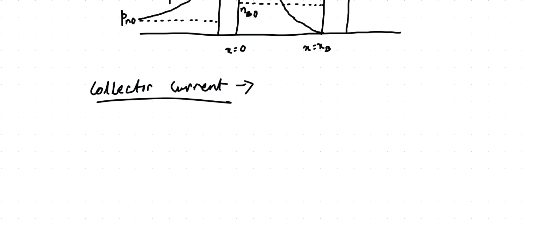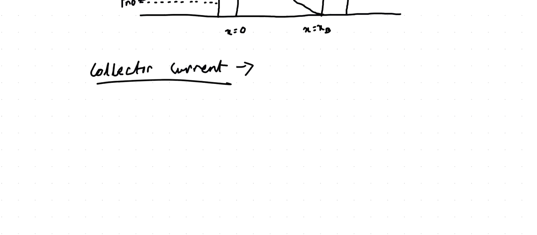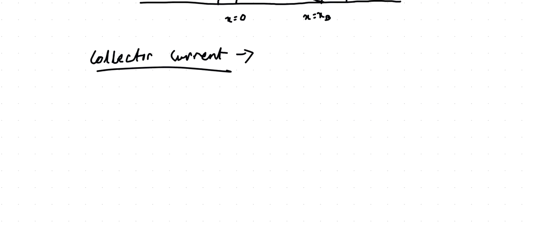You can see the majority carrier electron concentration in the emitter is high enough. So electrons from the emitter side will diffuse to the base and then diffuse to the collector region. So I will show the direction of current as this. This is the collector current, and mathematically we will treat this collector current and derive it. So we can write the collector current as a diffusion current. We have already derived the diffusion current.